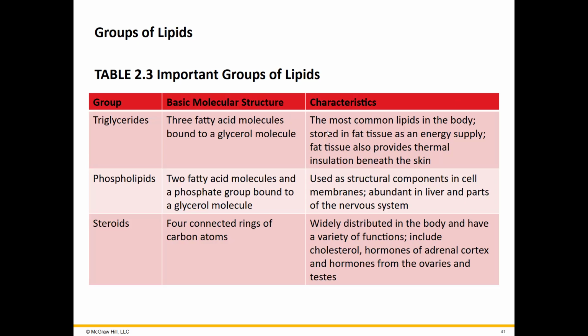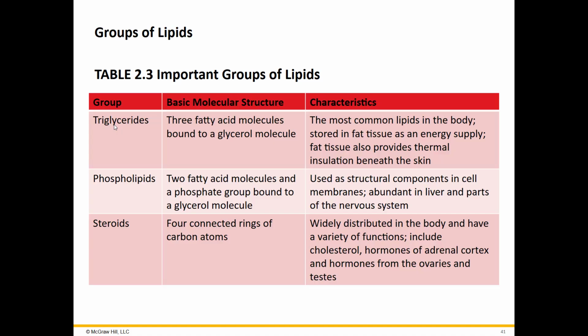Triglyceride, most common lipid in the body, stores fat tissue for energy. I want you to know later, energy, okay? Also, yeah, fat provides thermal insulation of your skin. One of the layers of your skin is made up of entirely fat. It's called the subcutaneous fat, yeah? 3 fatty acid molecules bound to glycerol.